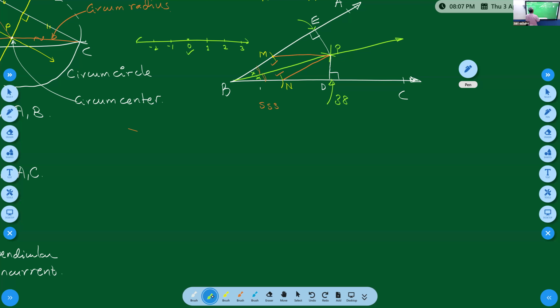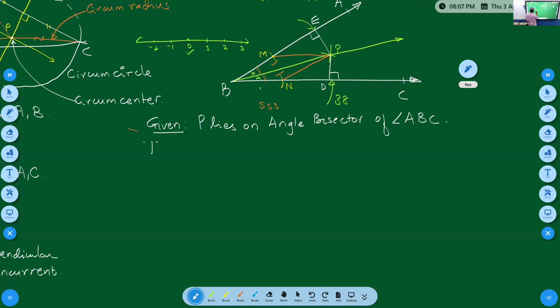Okay, now let us write. Given: P lies on the angle bisector of angle ABC.